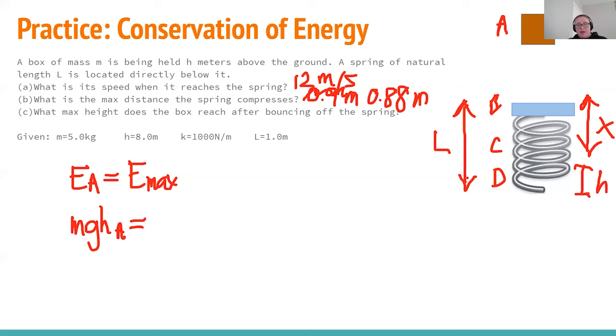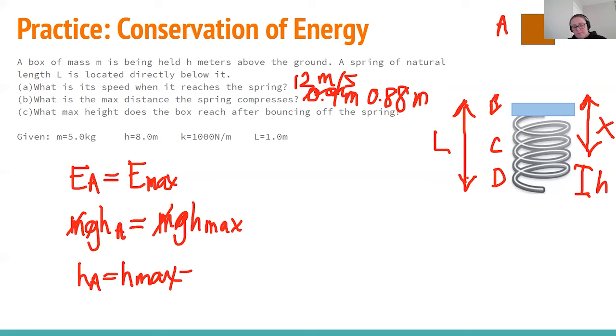So that only leaves gravitational potential energy. So again, we'll have mgh at max. The mass is consistent and can be canceled out. Gravity is consistent and can be canceled out. So we can say both logically and through our equations that the initial height is going to equal the maximum height, which is 8.0 meters.